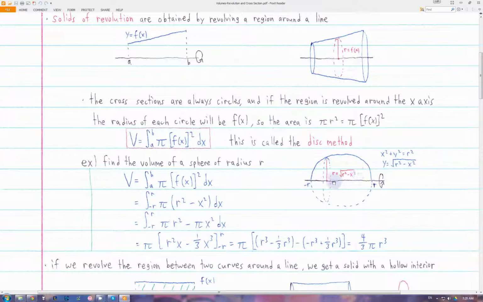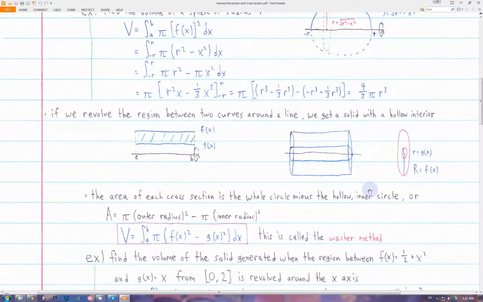And so the cross-sectional circles will have a radius of y, which is this. And so we use our formula and plugging in the f of x, which is the radius in this case. And if we integrate, then we can find the volume will be 4/3 pi r cubed, which we already know is right.